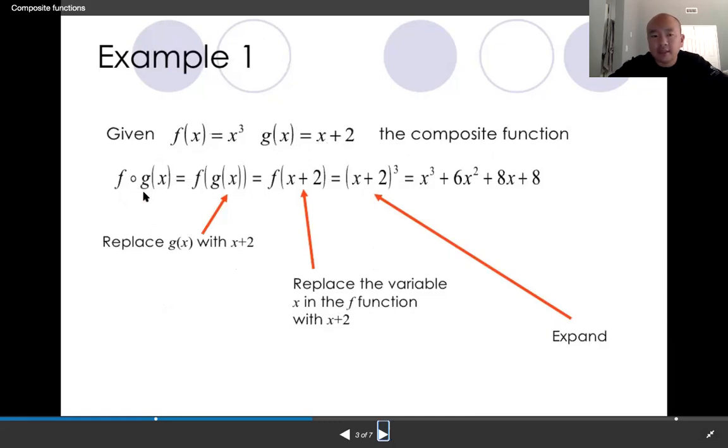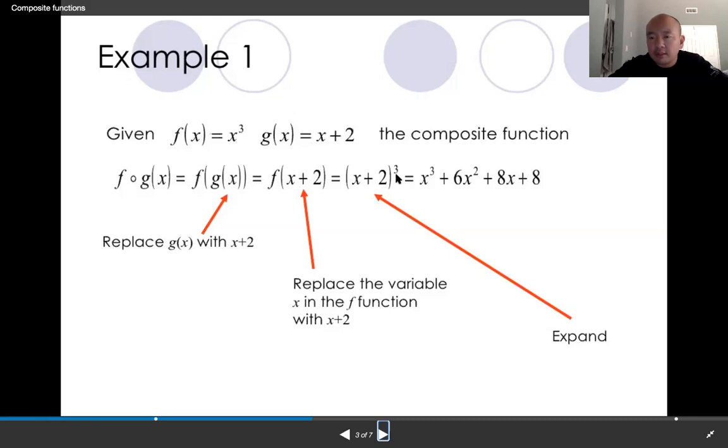What this example shows is that they plugged in the x plus 2 for g of x, because g of x is equal to x plus 2. Then they plug this x plus 2 into the f function, the x cubed, and it becomes x plus 2 to the third power.